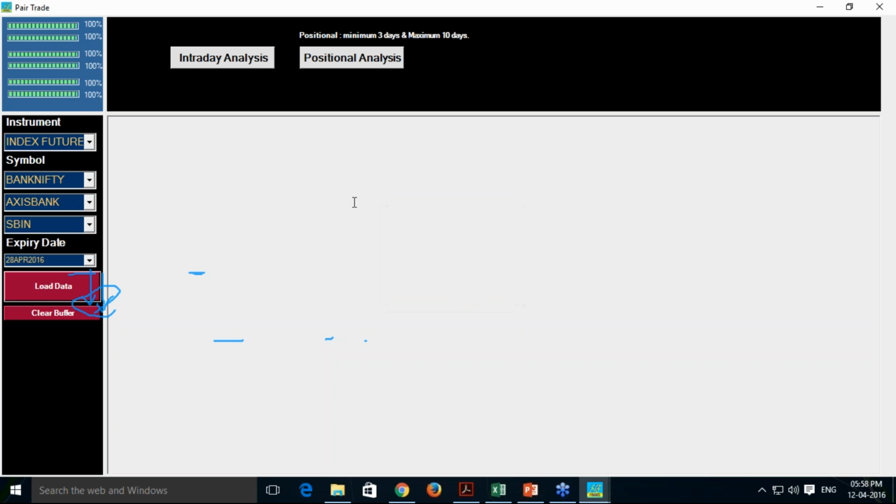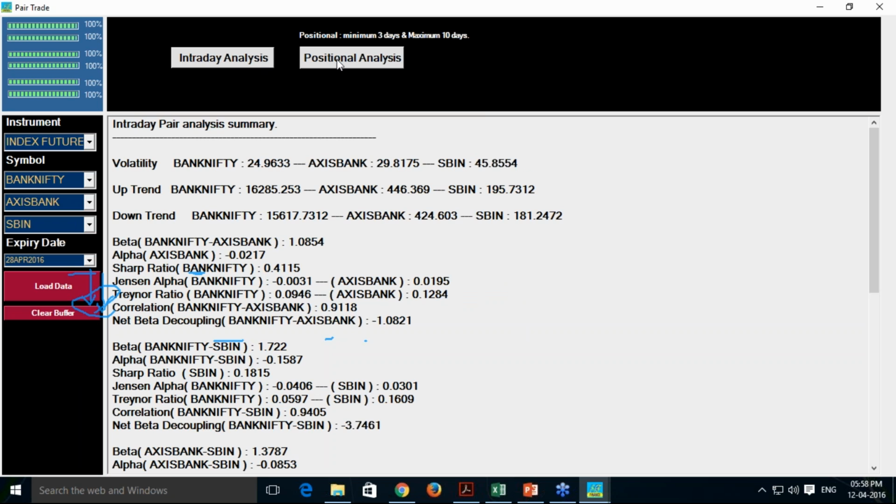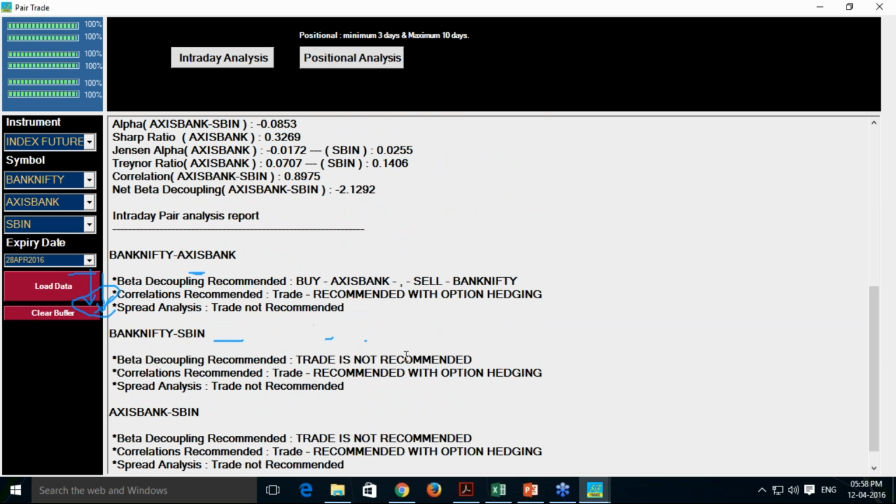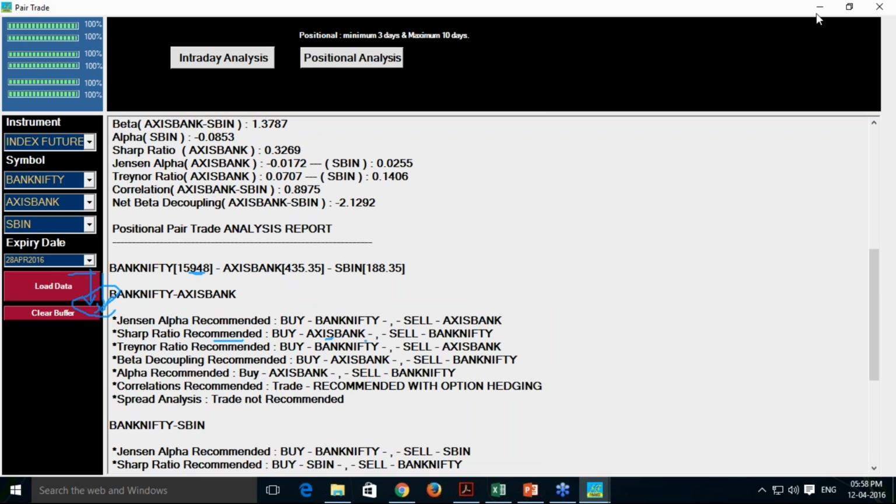This is an automated tool wherein you just take the analysis and look at what beta decoupling says, what correlation recommends, what spread analysis recommends. Another 2-3 more studies are being added here to enhance its accuracy, and you can utilize it for positional trades also, wherein we recommend that you hold this positional trade for 10 days.